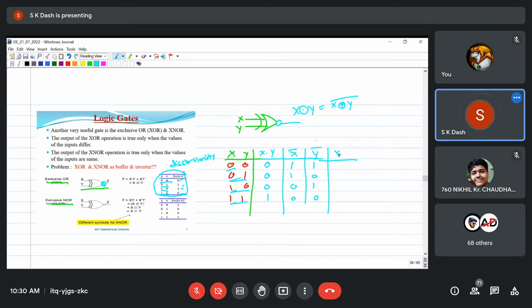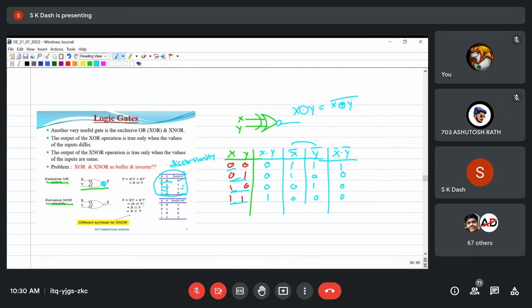So what will be x bar dot y bar? These two, 1 dot 1 is 1, and the rest are 0: 1 0 0 0. So if we add these two, xy plus x bar y bar, then 0 plus 1 is 1, 0 plus 0 is 0, 0 plus 0 is 0, 1 plus 0 is 1.